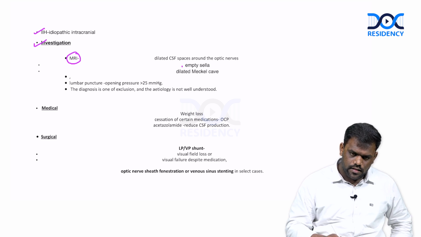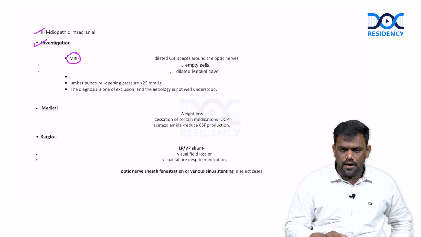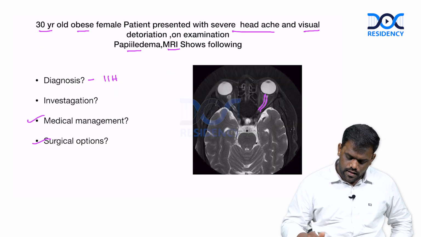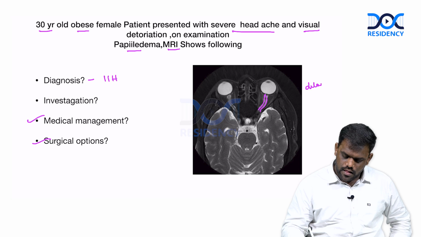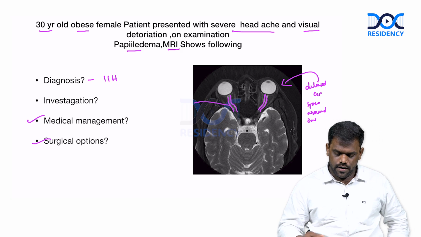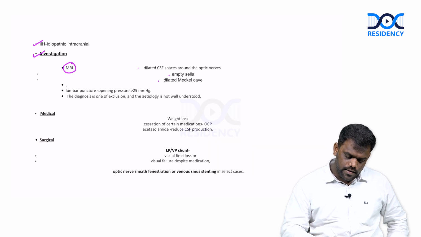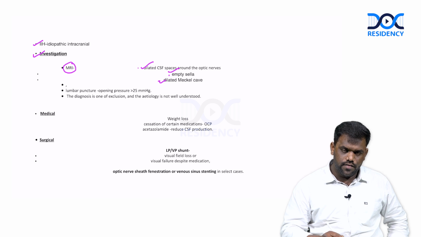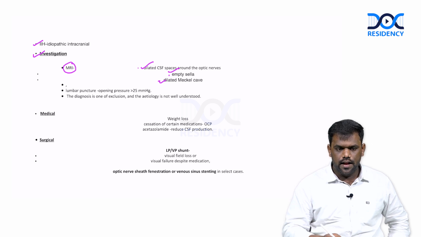And the empty sella. And the dilated Meckel's cave. These are the findings suggestive of idiopathic intracranial hypertension.